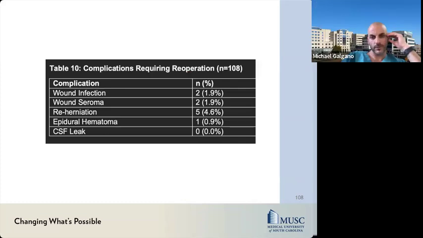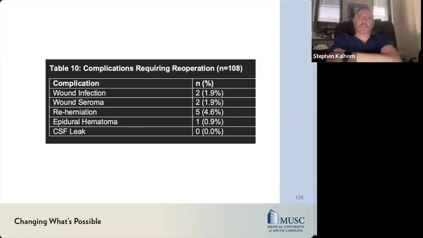Stephen, how often are you having to go bipedicular in these cases, or are you able to get the majority of these discs out from a unilateral approach? So great question. I always start, for the most part, unipedicular, and then I try to take it out from just that one side.